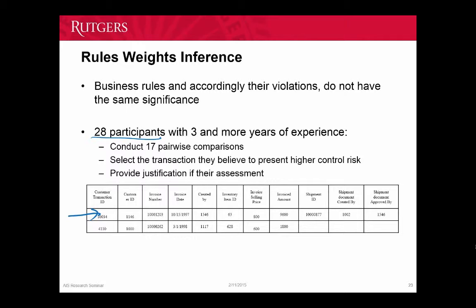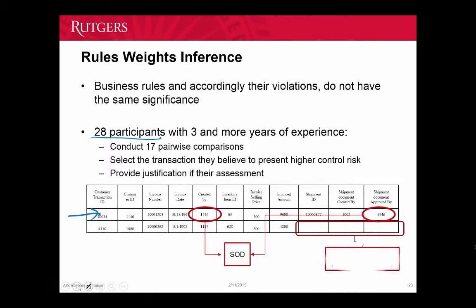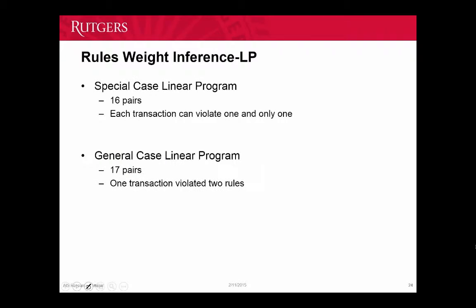And then they ranked each one of them. They would say, for example, let's say the first transaction is more suspicious, or is riskier. At that point, we used a linear program model. I'm not showing it here. I can show it to you after class.